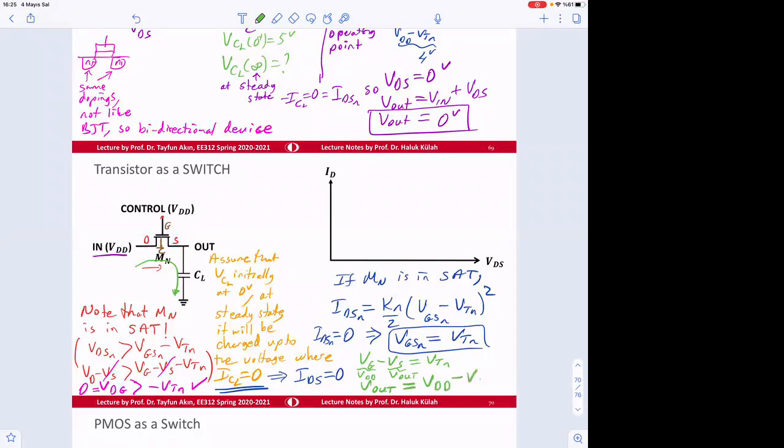VDD minus Vtn. So V out is going to be equal to VDD minus Vtn.